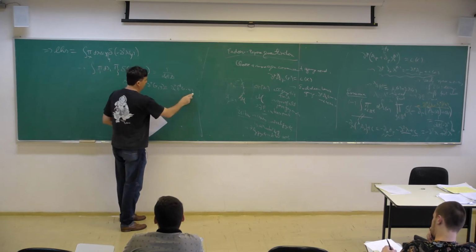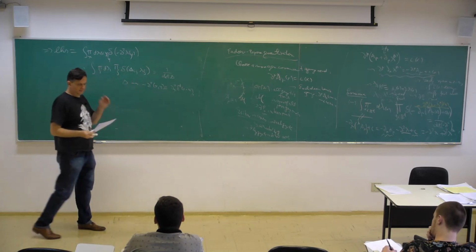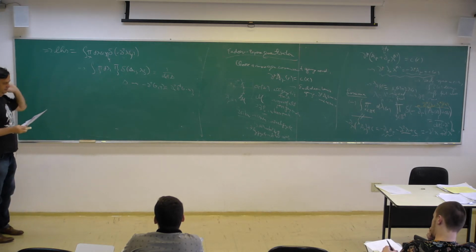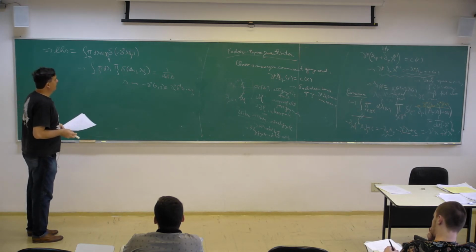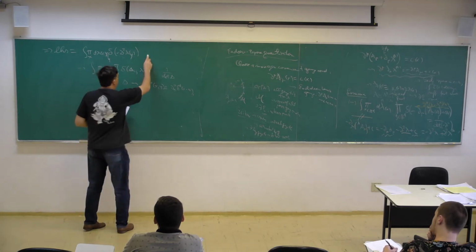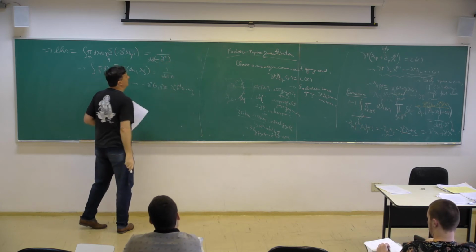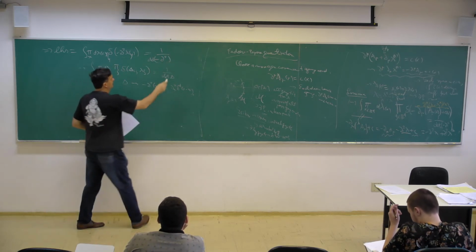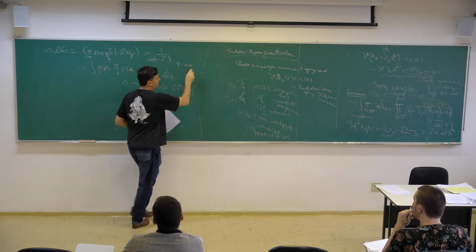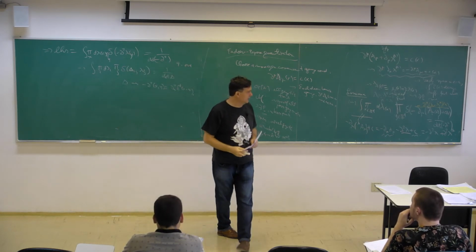Or if you want, you can put this on the other side. That's another way of thinking about it. But anyway, the result then is that, as we said, we get one over the determinant, which is proving my lemma.